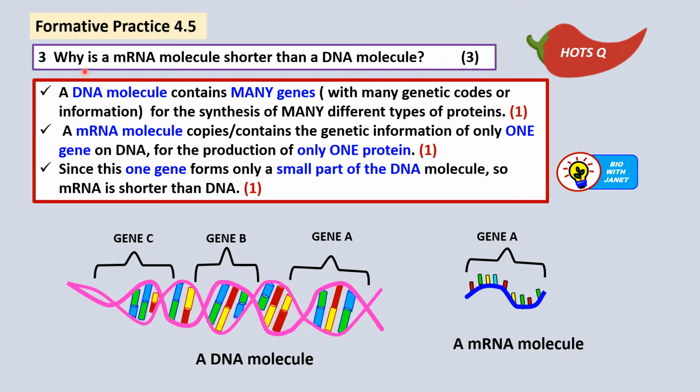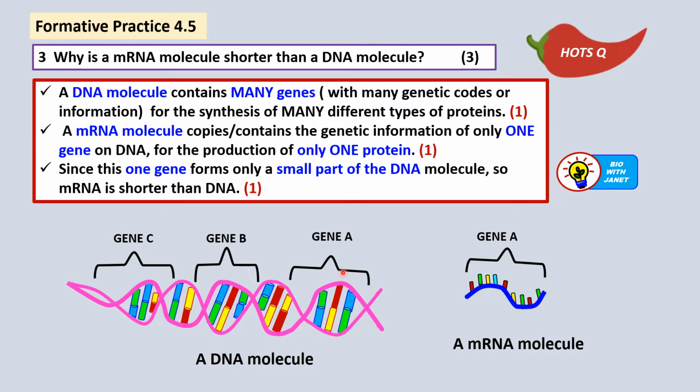Question number 3. Why is a mRNA molecule shorter than a DNA molecule? 3 marks. Now, a DNA molecule contains many genes with many genetic codes or information for the synthesis of many different types of proteins. So let's say this is the DNA molecule here. It contains genes that are arranged in a linear sequence along the strand of DNA. So for example, maybe at the end of this DNA molecule, you have gene A, which is a segment of the DNA molecule.